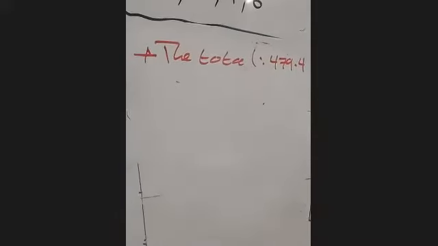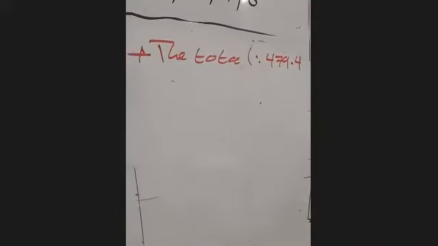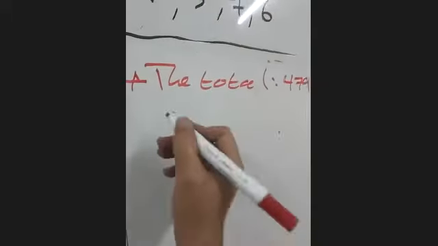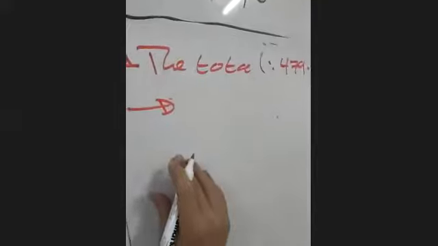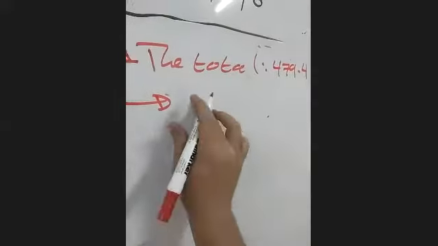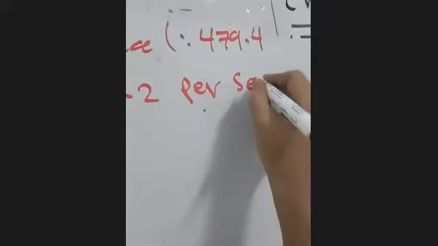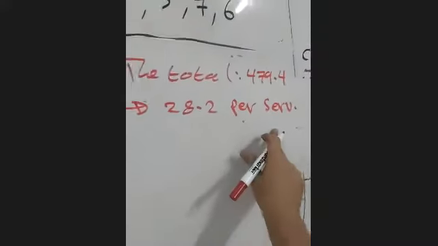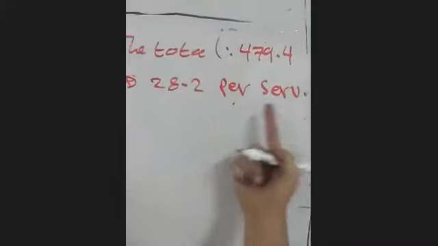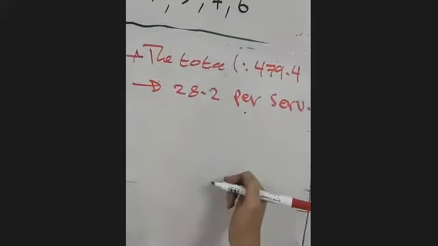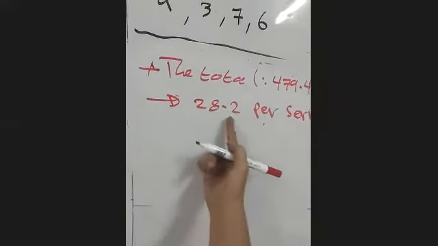Mason eats 28.2 grams of cereal per serving. Per serving. So in one serving, how much does she eat? 28.2.